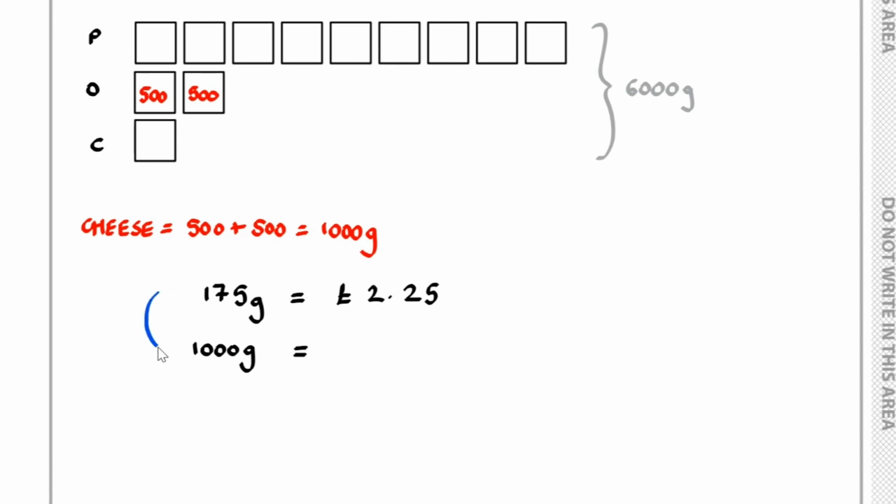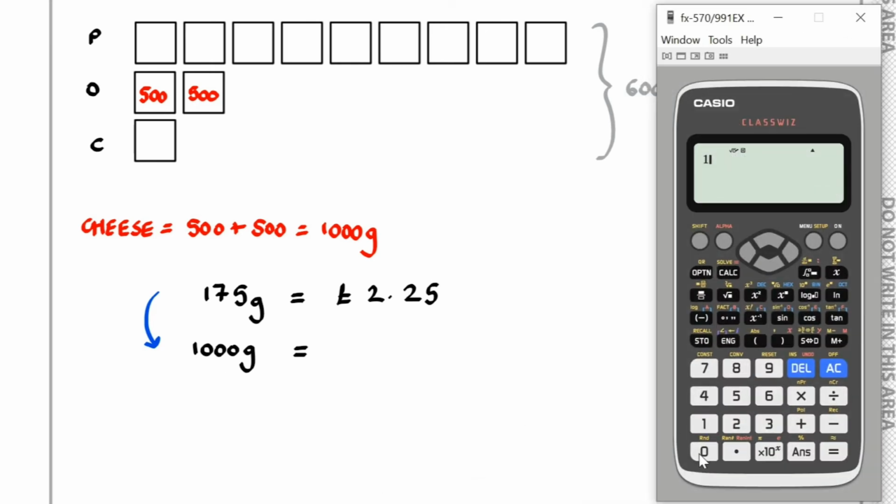Well, to go from the 175 to 1,000, what do I times by? Well, that's 40 over 7. So I need to multiply this side by 40 over 7.